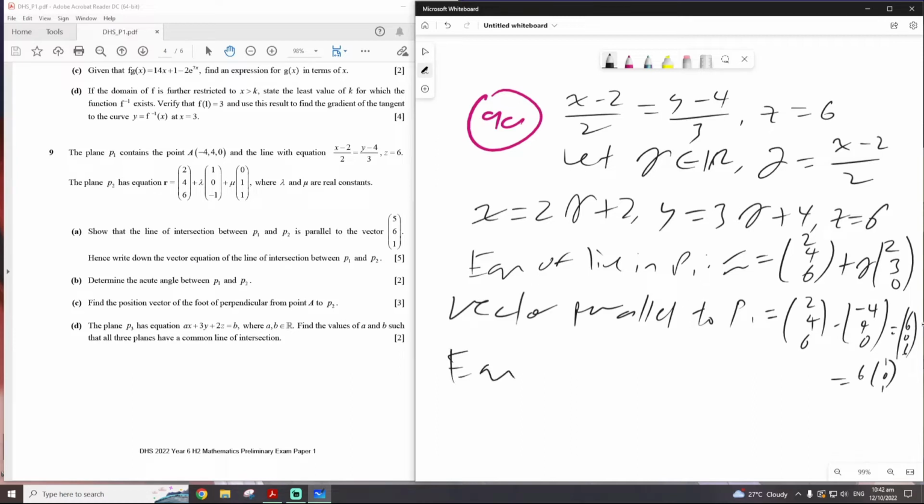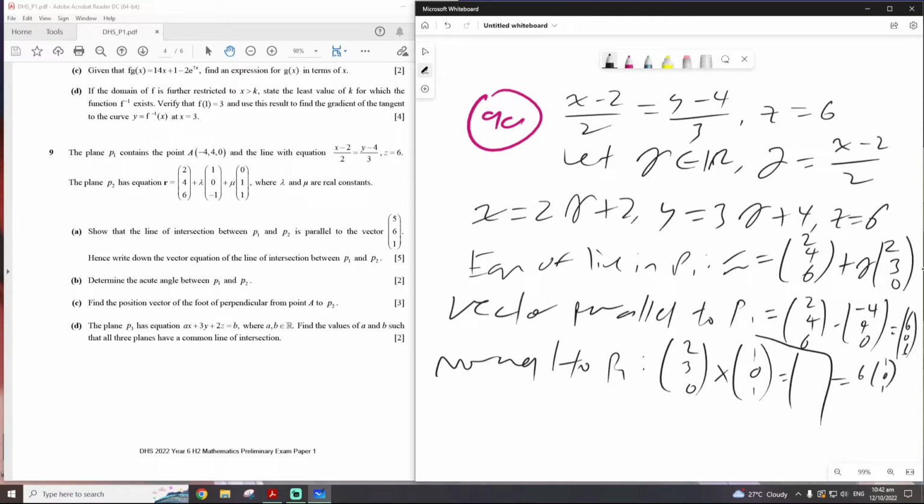So equation of P1 is r dot, sorry, we need to find the perpendicular vector first. Normal to P1 will be the direction vector of the line (2, 3, 0) cross the vector that is parallel (1, 0, 1), and we get, let's see, this is 3, minus 2 and minus 3, I believe. Let me check. Yeah. Okay.